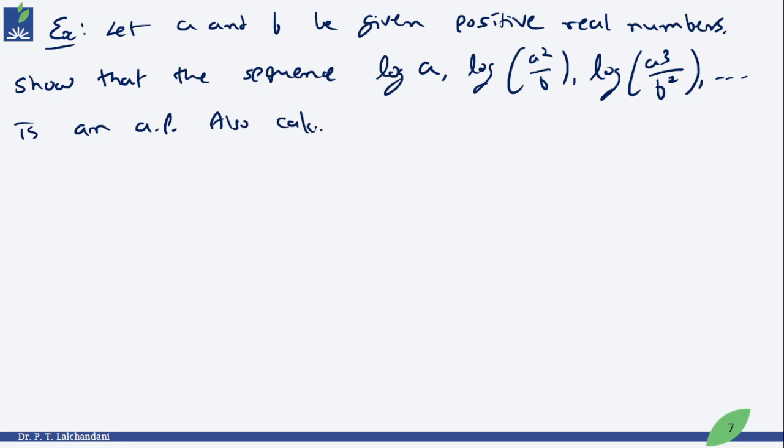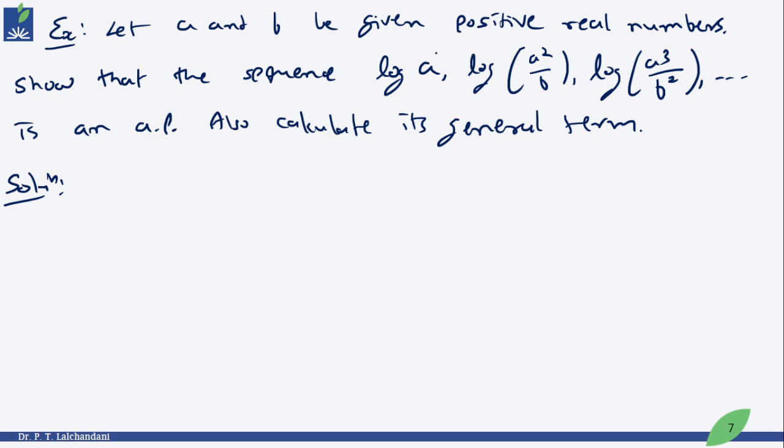Also calculate its general term. So see here we are given a sequence log a, log a squared upon b, log a cubed upon b squared, and so on.